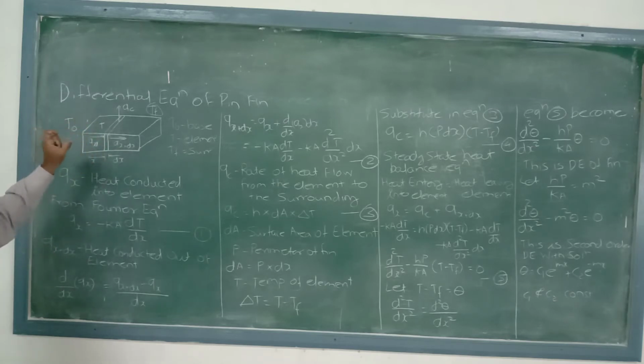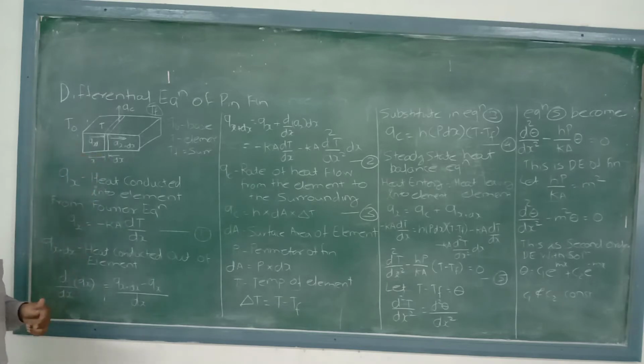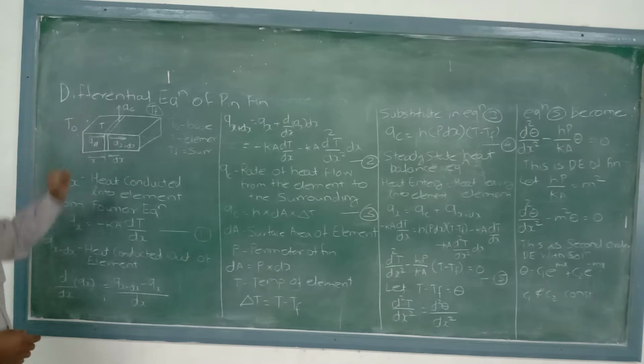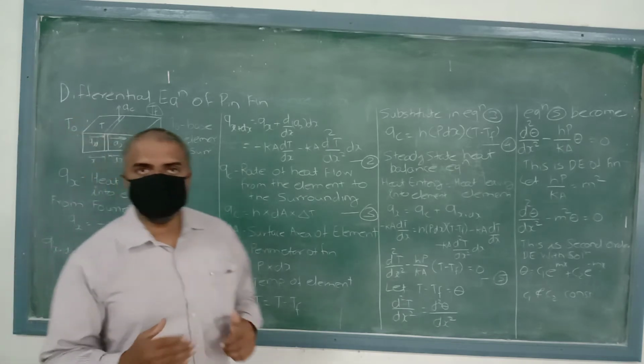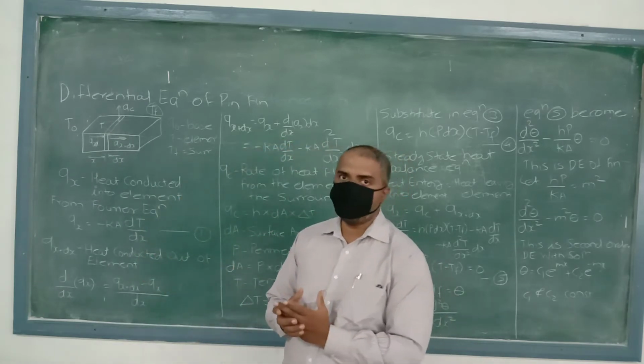Now first of all, the heat is flowing in the x direction. So here we have shown the x direction along which heat will flow. To calculate the heat conduction along the x direction, we are applying the Fourier law.